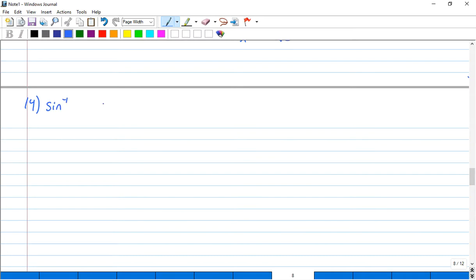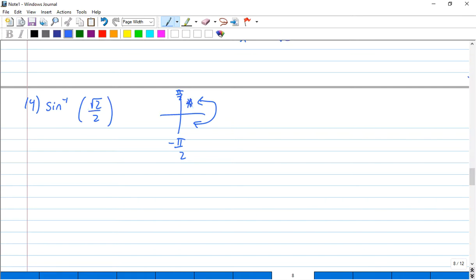The inverse sine of square root of 2 over 2. So inverse sine is defined between negative pi over 2 and pi over 2. Right? So this is the inverse sine of a positive, so we want the answer from the first quadrant.